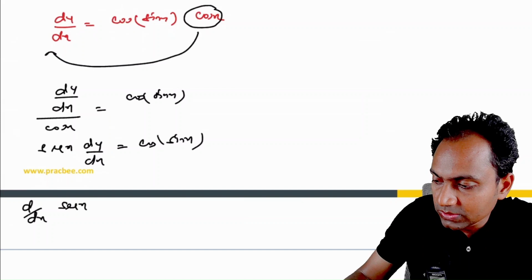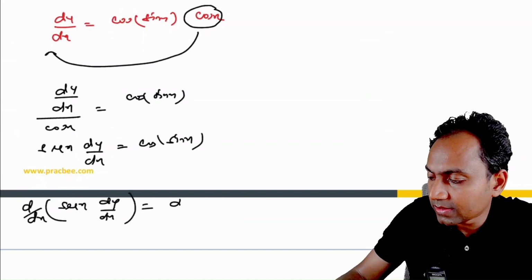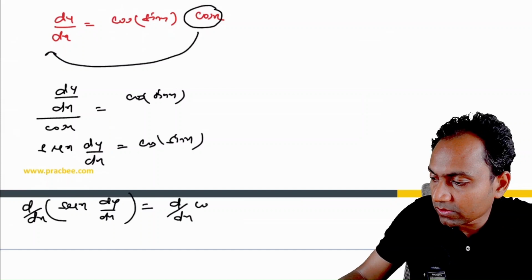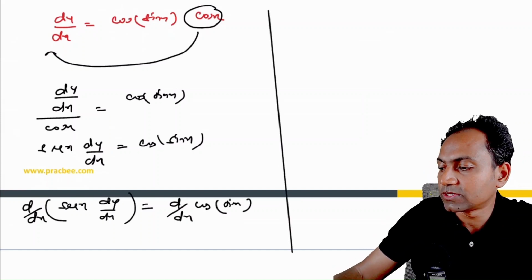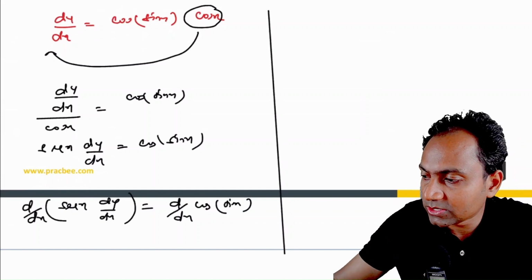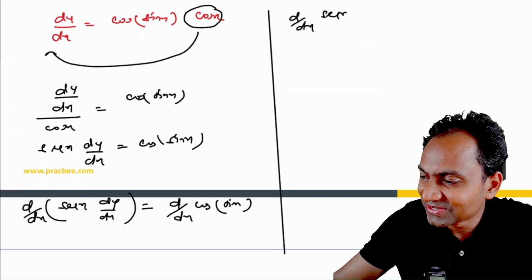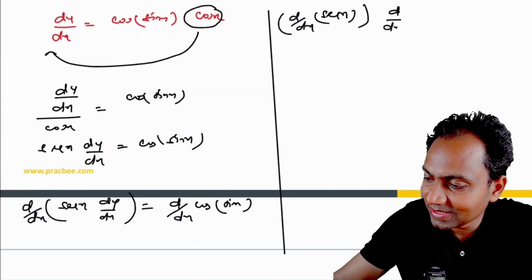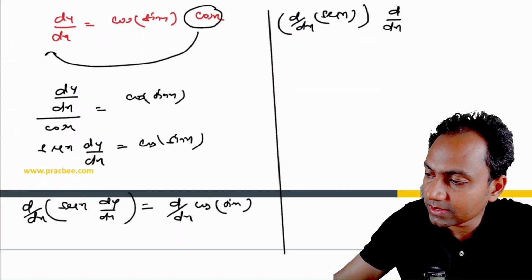Once you do this, now if you differentiate both the sides, so d by dx of sec x into dy by dx, and then d by dx of nothing but cos of sin x. If I perform this differentiation, let us see what do I get. Again we will apply the chain rule, and the product rule. So dy by dx into sec x, and then d by dx of dy by dx, this is d2y by dx square we will get.